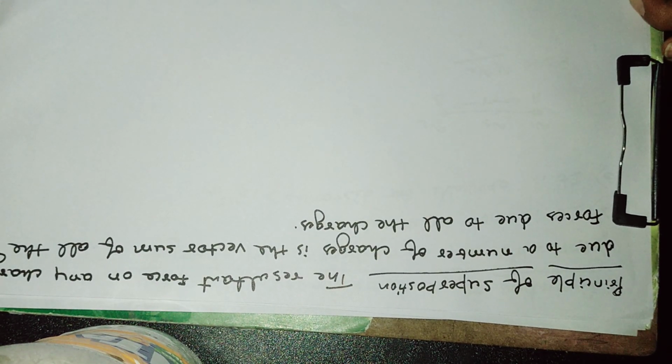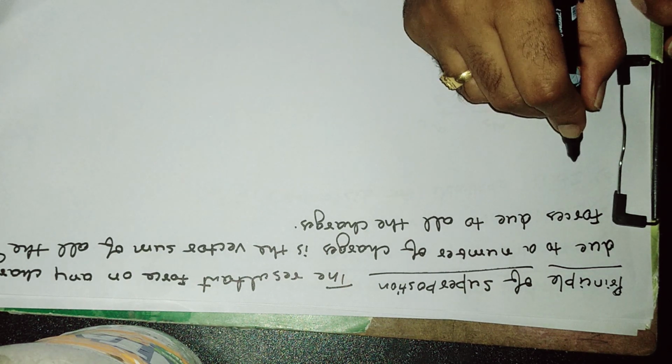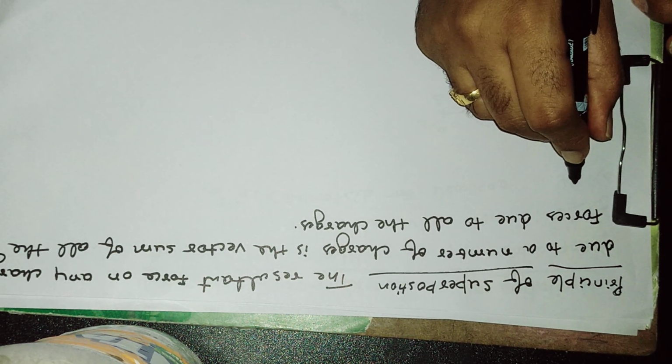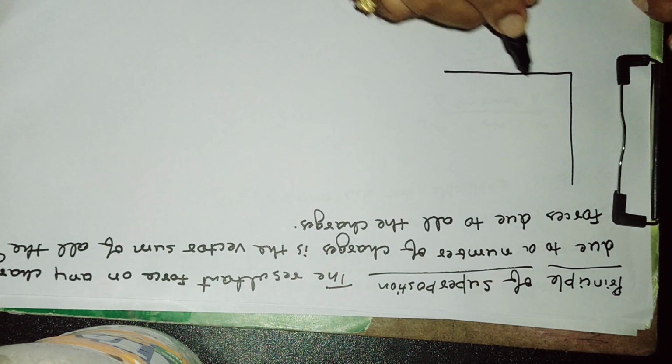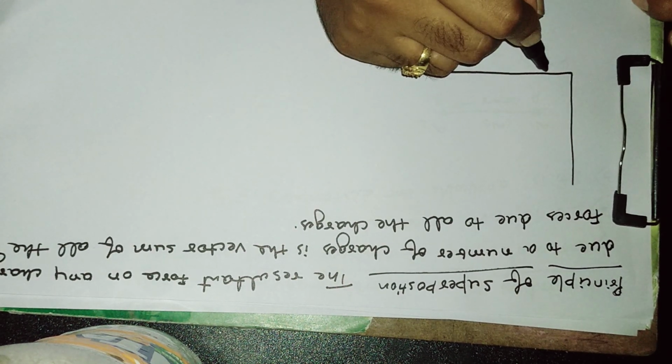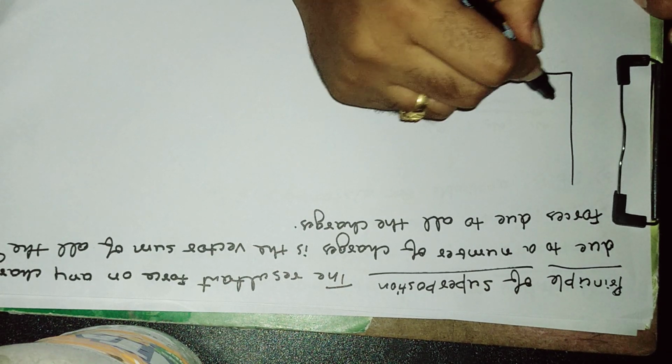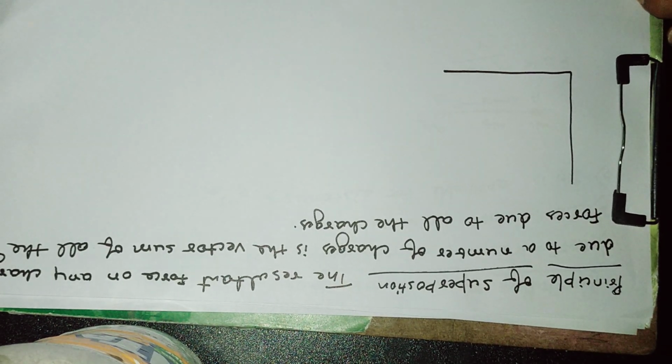See, we shall take up an example. Again, we have a coordinate system. You represent different charges here in terms of position vectors. That can be done like this.